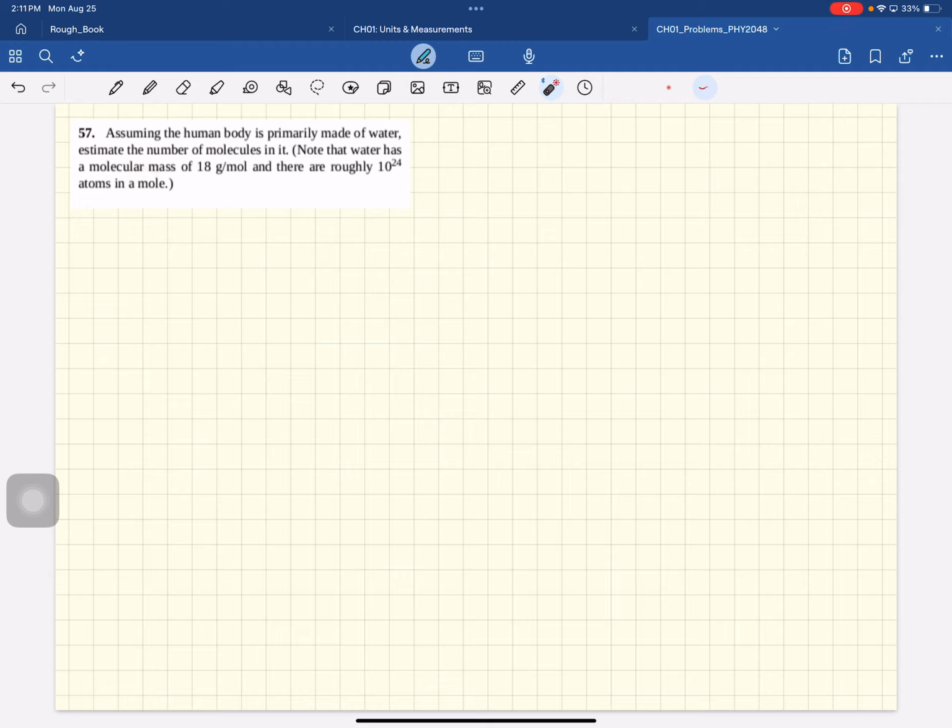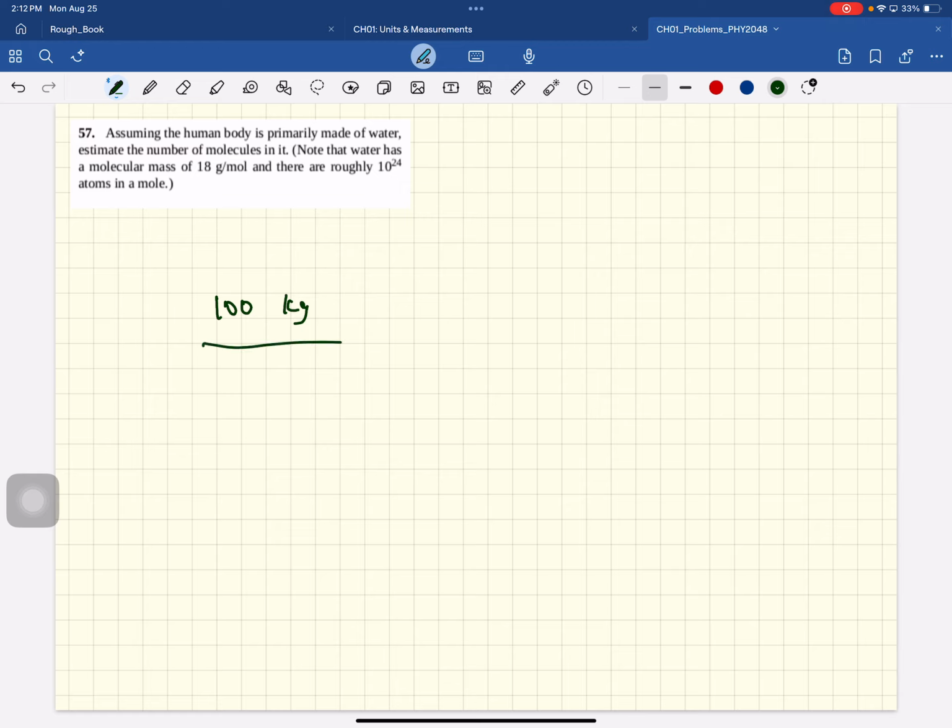The molecular mass is 18 grams per mole, and there are roughly 10 to the 24 molecules in a mole. All right, so again, this is the Fermi calculation. So roughly your mass is, what is your mass? You guys know your body mass. Most of you are about 50 to 60 kgs. So we'll say 100 kgs is your mass, okay?